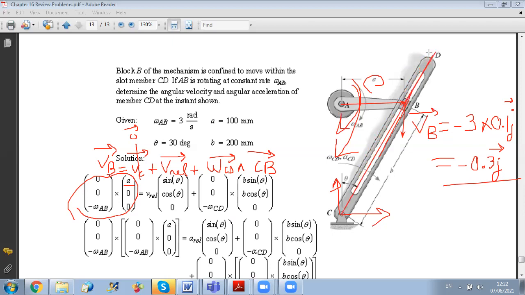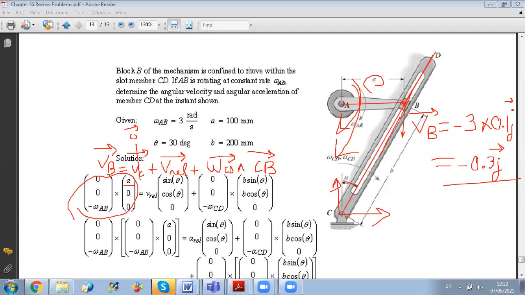This is why when they do the calculation, because it's clear for us that if AB is rotating downward, B will go downward. So if you put plus V relative, you will get V relative negative. So plus V relative sine theta along I, cosine theta along J, because we know that CD is doing an angle theta with the vertical. So this is the projection of V relative. Now, plus omega CD vectorial CB.